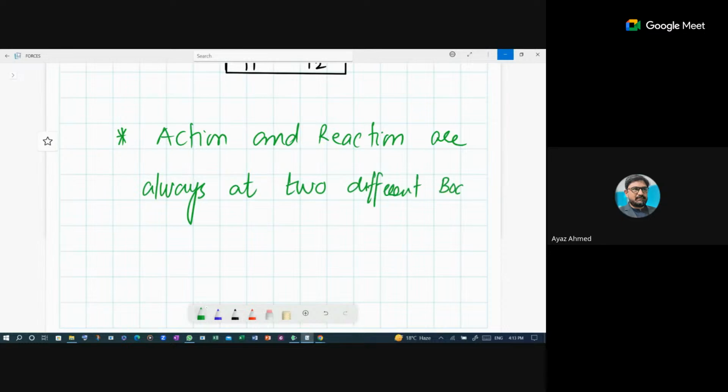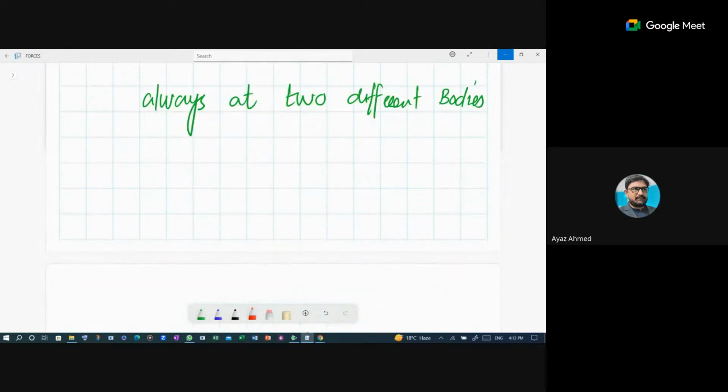Okay, how? I will give an example. Let's say I have a table, and on that table I have placed a book. This book has weight acting downward, the weight of the book.